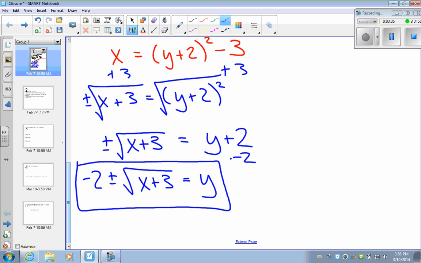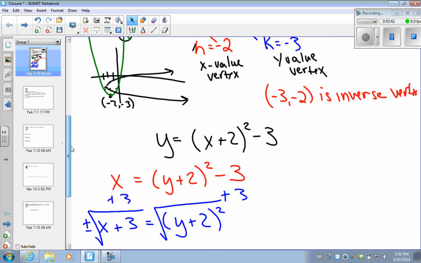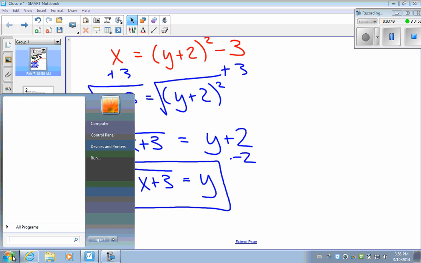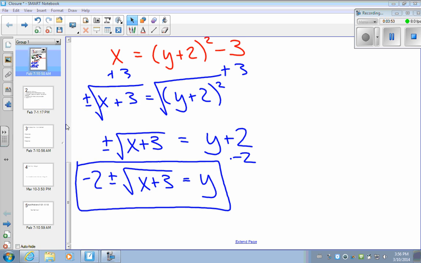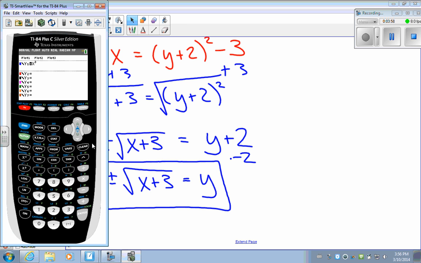Now, if I put this into my calculator, of course, I should see this graph. And I might even do that if I have my calculator available. So how your teams can go about looking at this together would be to go ahead and put in y equals -2 plus the square root of x plus 3.